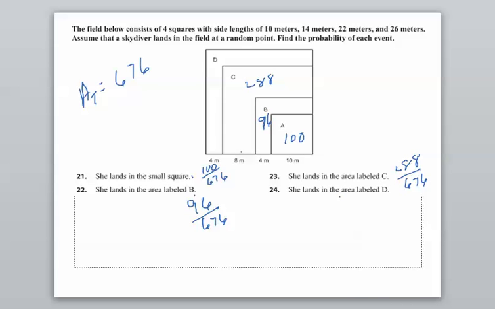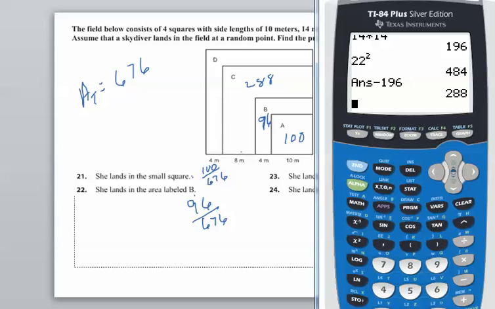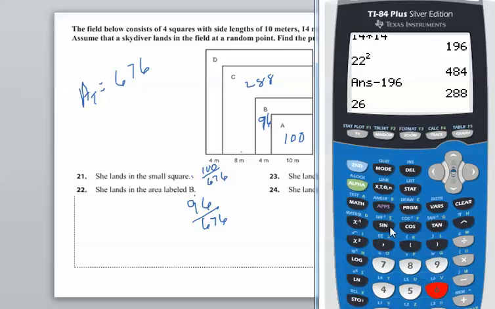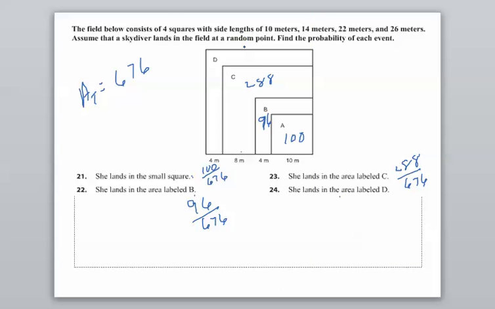Well, 26 squared minus the 484 gives me 192. So this is 192.